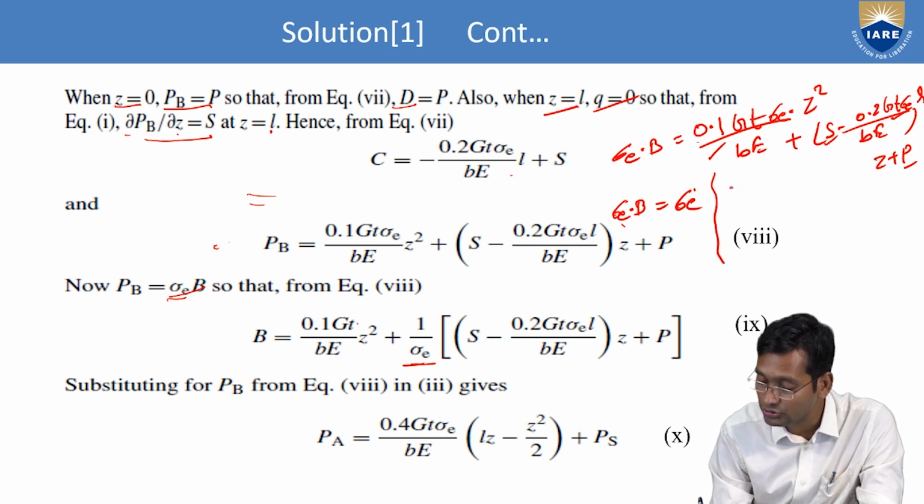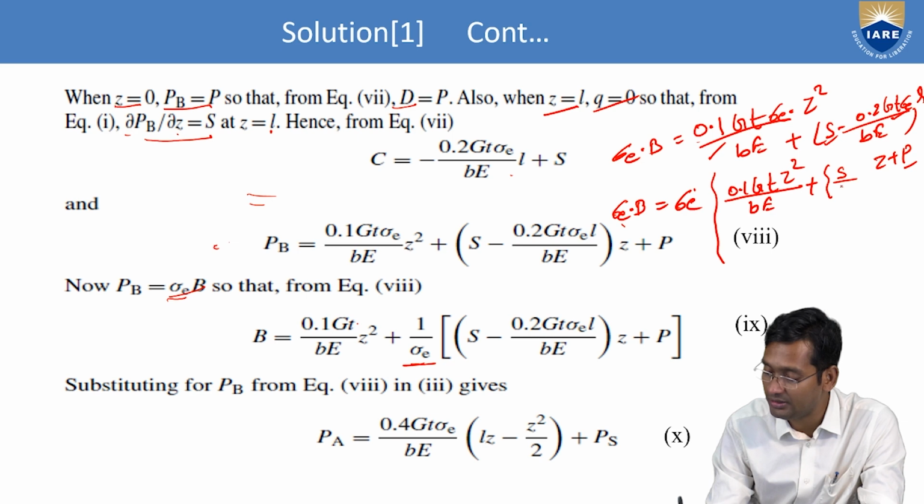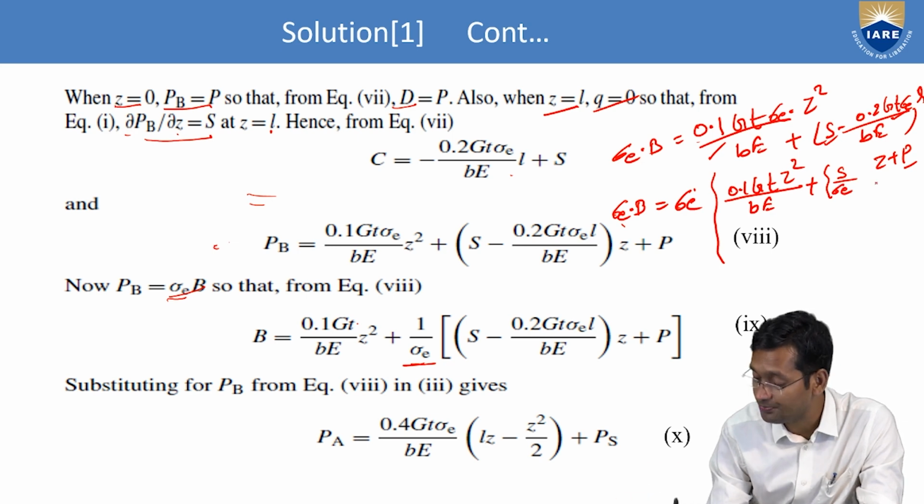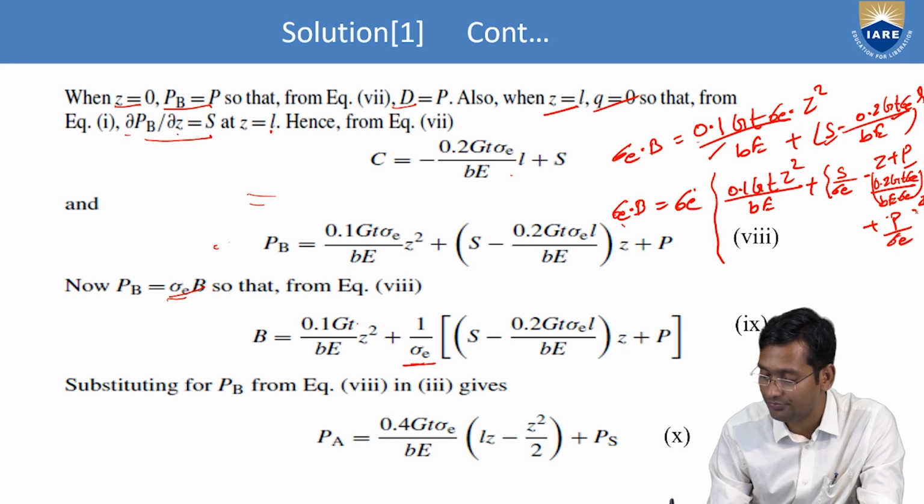So this is 0.1 GT into Z square by BE, plus, in bracket, S by sigma E, because here sigma E is not there, so multiplying, dividing and taking sigma E constant, minus 0.2 GT sigma E by BE into sigma E into Z plus P by sigma E.